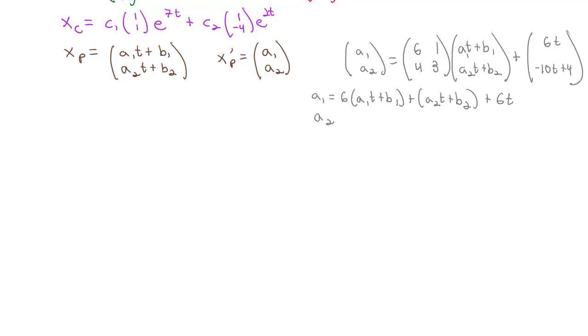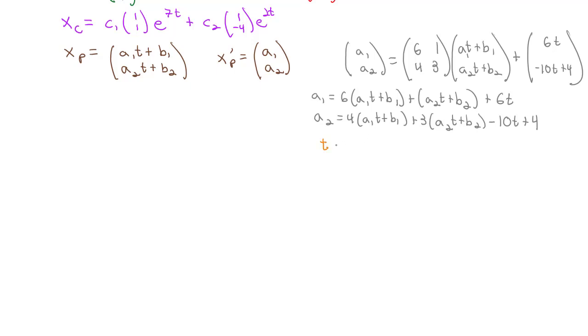In the second row, a2 is equal to 4 times a1t plus b1 plus 3 times a2t plus b2 minus 10t plus 4. And similar to what we did with our undetermined coefficients method, we're going to start to organize our terms to create a system of equations.